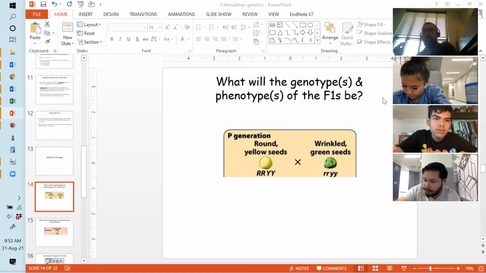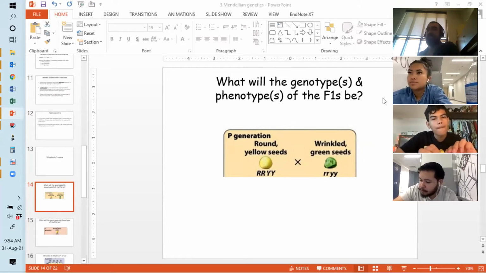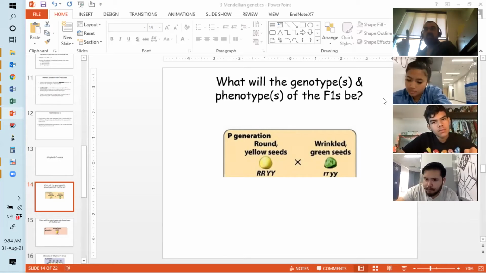If it's a Mendelian cross, it is always homozygous parents, heterozygous F1, and then a whole bunch of different things in the F2. And so the heterozygous always expresses the dominant phenotype or phenotypes because it has a dominant allele for each gene.